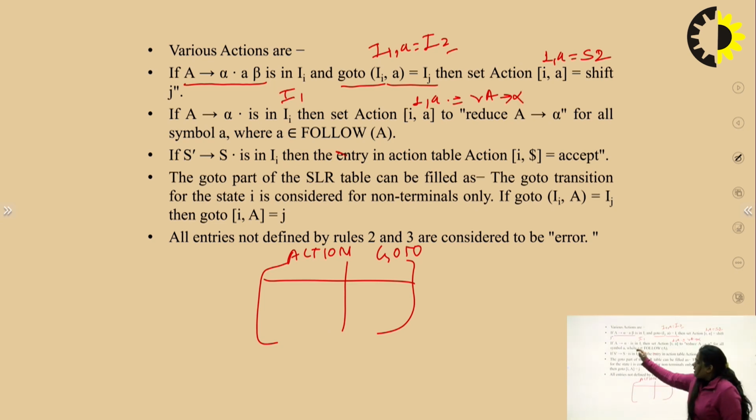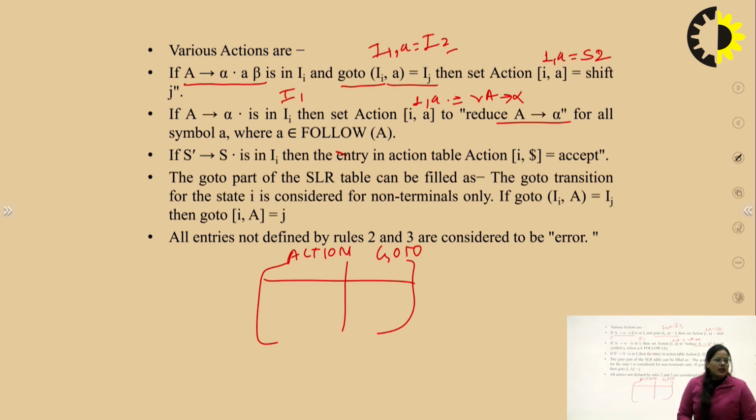If A implies alpha dot is in I, then set action I comma A to reduce A implies alpha for all symbols A where A is in follow of A, capital A.